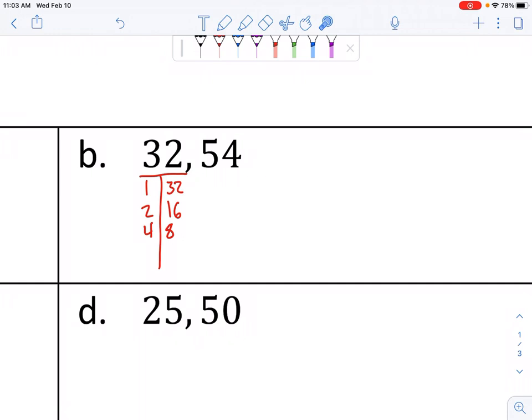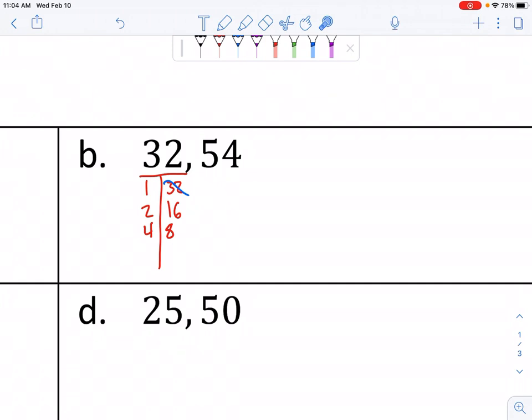From here, I'm going to start with my largest factor and see if it goes into my other value. So can 54 be divided by 32? Is 32 a factor of 54? And the answer is no. Can 54 be divided by 16? You could use a calculator to figure this out.